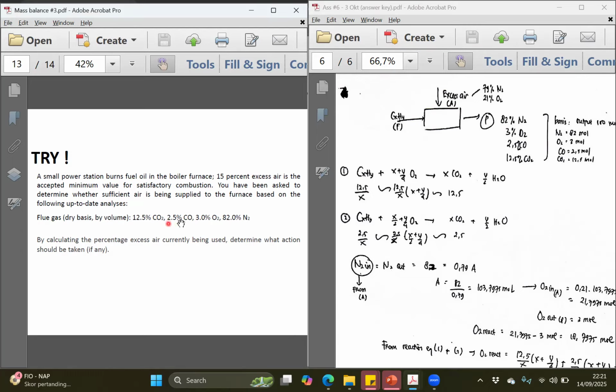Even though there is no water in this compositional data, there will be water. Why is there no water? Because the analysis is on a dry basis. I will copy this first.